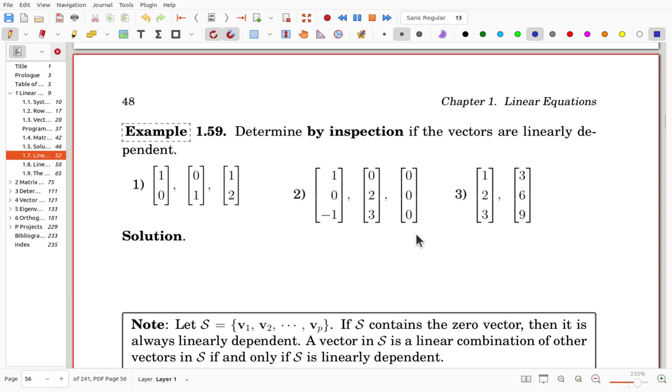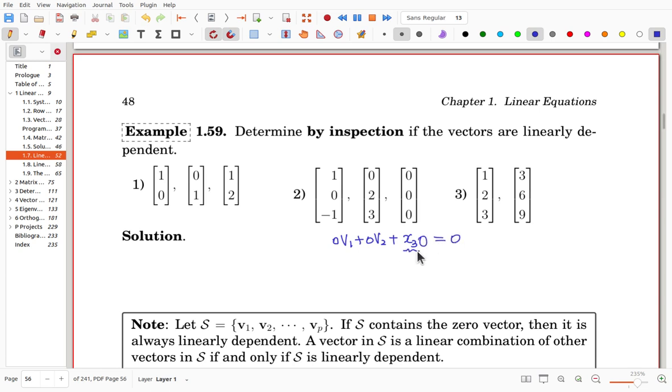Zero vector. Once the set of vectors includes a zero vector, then it must be linearly dependent. The reason is that there are v1, v2, v3. We start with 0 v1 plus 0 v2, and for an arbitrary constant, for example x3, times the zero vector, the combination must be 0.